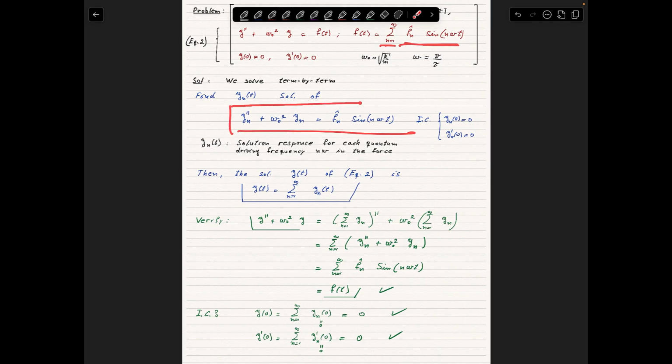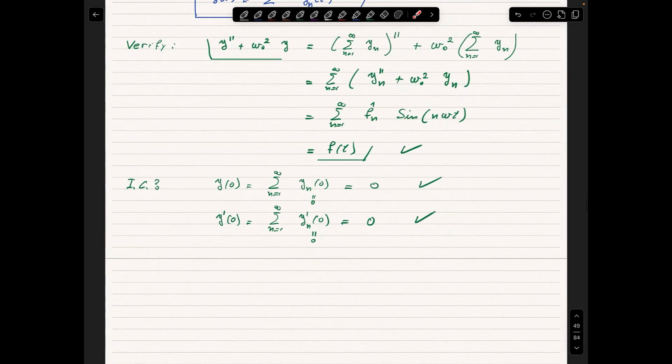Notice that the equation here, we know how to solve it because the right hand side now is super simple. It's a constant times a sine. Here we can use undetermined coefficients. Here we cannot, but we can do it on each single term, and this is what we are going to do.